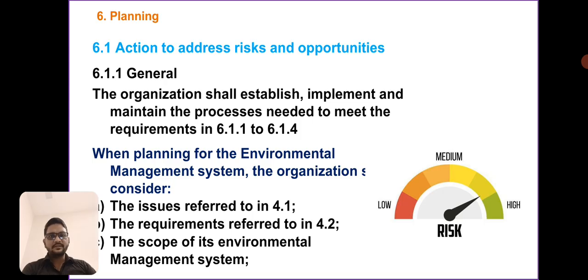And in this 6.1.1, that is the general requirement related to action to address risks and opportunities, the organization shall establish, implement and maintain the processes needed to meet the requirements.